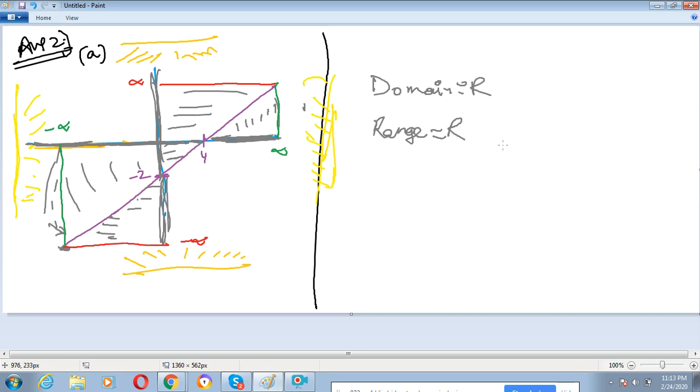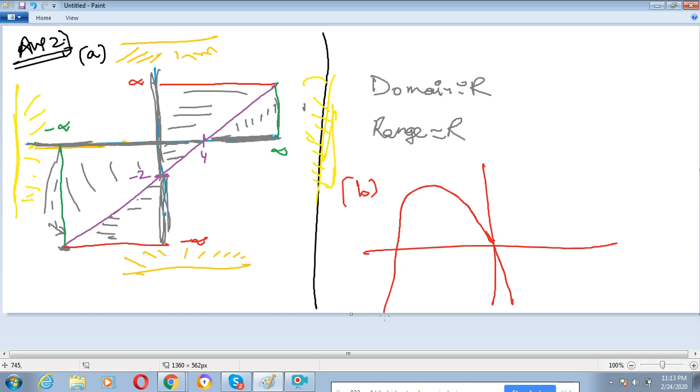I'll do the B part, you can do the C part. B part is that the graph is going like this. So what will be the shadow on the x-axis? See, the graph is expanding, so it will cover the whole x-axis.